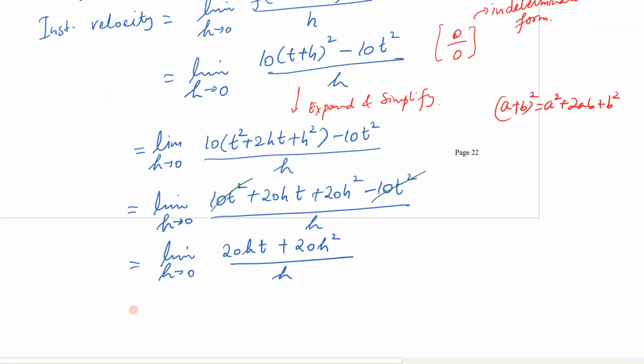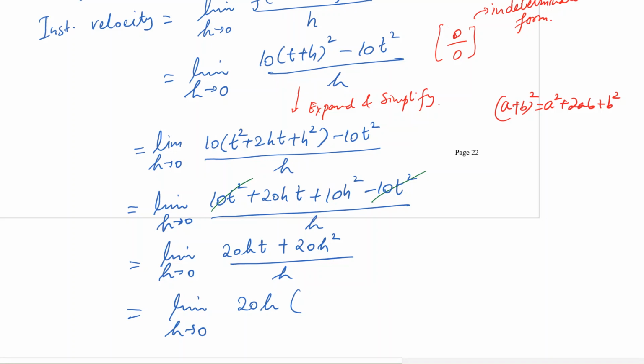So now from here, we can see that on the top, we have a common factor. Okay, so I think I made a mistake here. It should be 10h squared here.